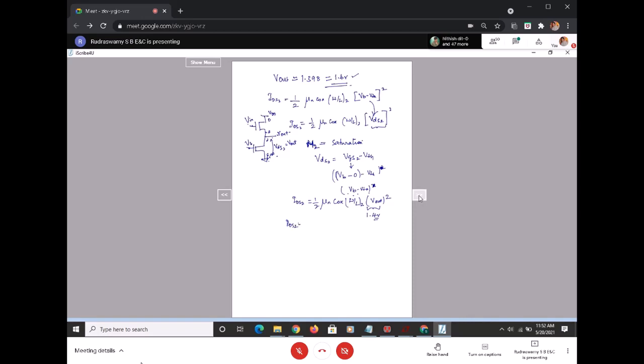IDS2 is equal to IDS1, so I'll just take 0.5 milliamperes. Mu n we have just taken as 0.0458 meter square, and COX we just calculated as 2.484 into 10 to the power of minus 3 farad.